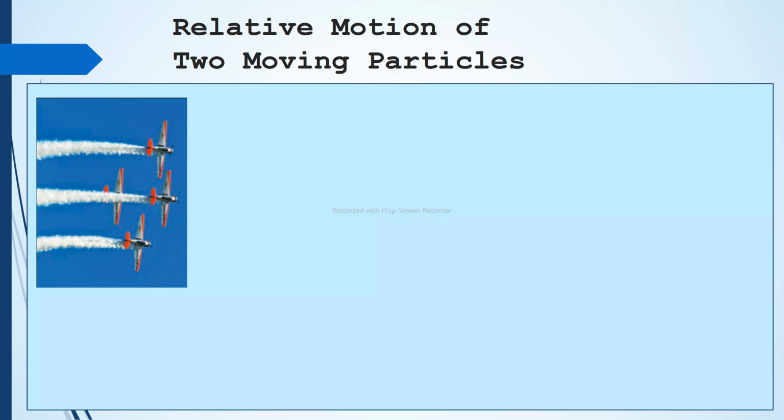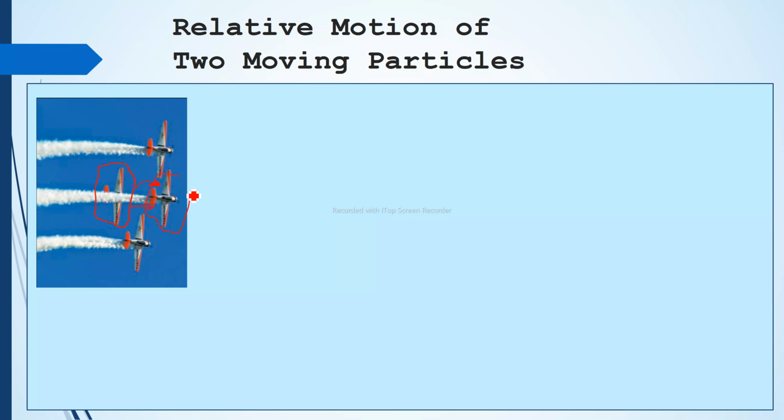Now, if you are the pilot of one of these planes, you need to have some idea of your relative position with respect to the other planes. So for instance, you are the pilot of this plane. You should have an idea of your relative position with this plane in front of you, so that you cannot overspeed, which will result in a collision.